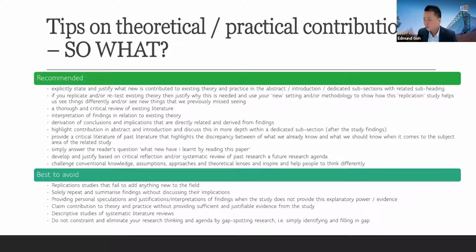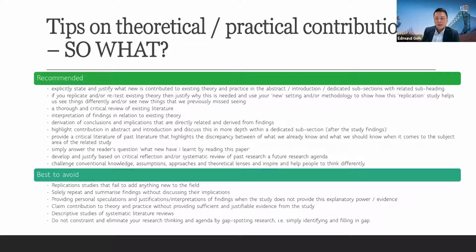And especially recently, we have seen lots of submissions of systematic review papers. I'm not sure about Mustafa, but I've received quite a few in the last couple of months. And systematic review papers are awesome. I love them. They really summarize, conceptualize, and synthesize the field of knowledge in a certain area.